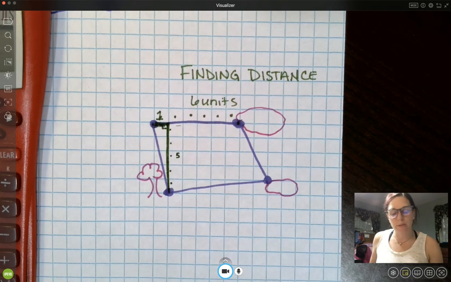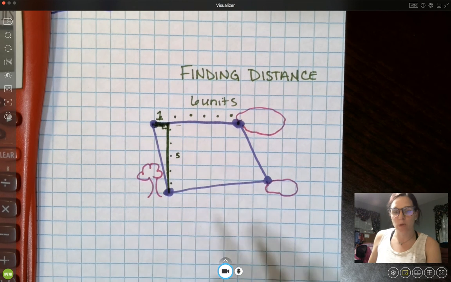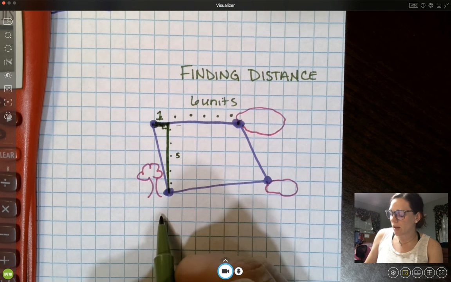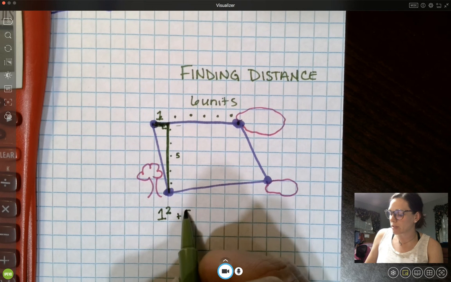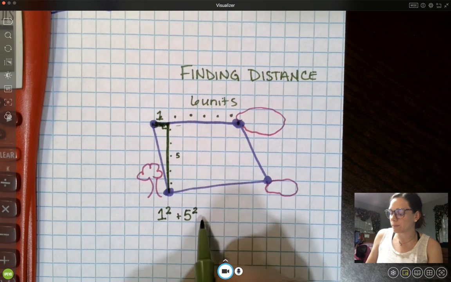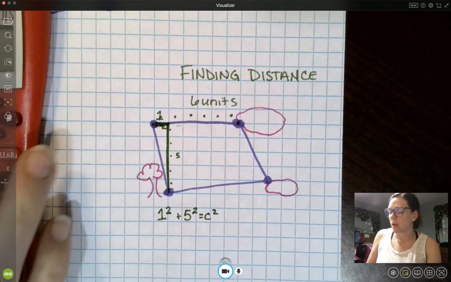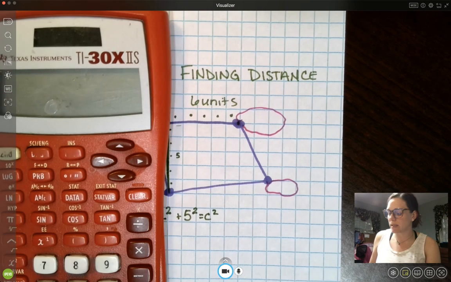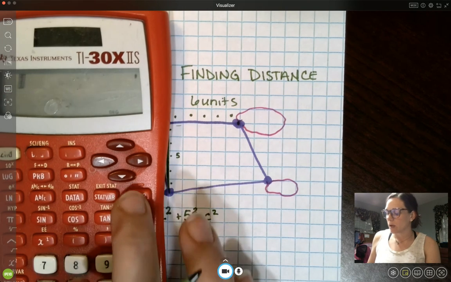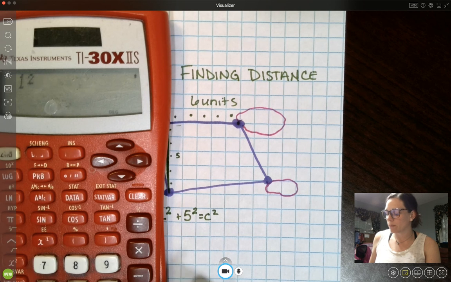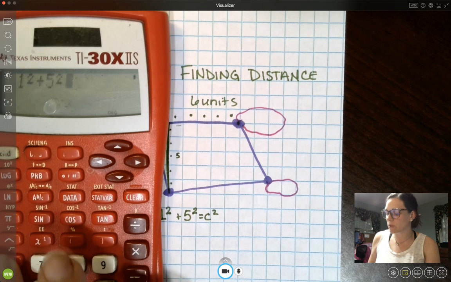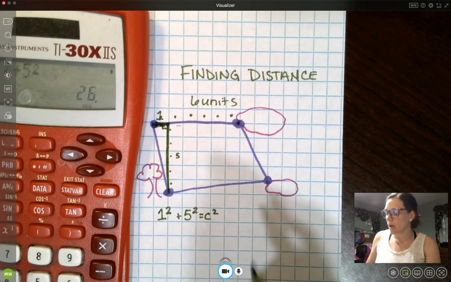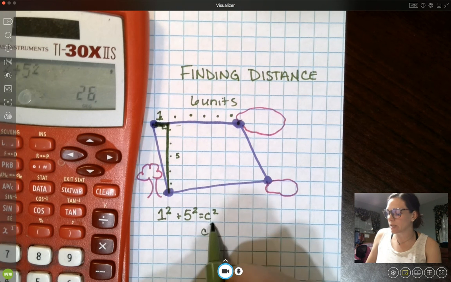So now I'm going to use the Pythagorean theorem to find out what that total length is. I have a squared plus b squared equals c squared. And then I'm going to throw in here my handy dandy calculator. So I have 1 squared plus 5 squared equals, and that's going to equal 26.